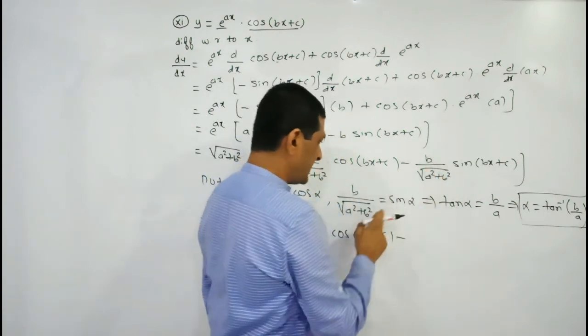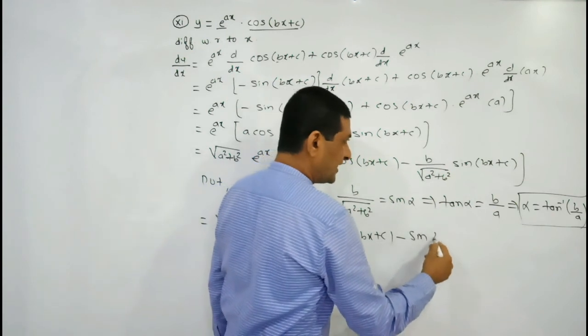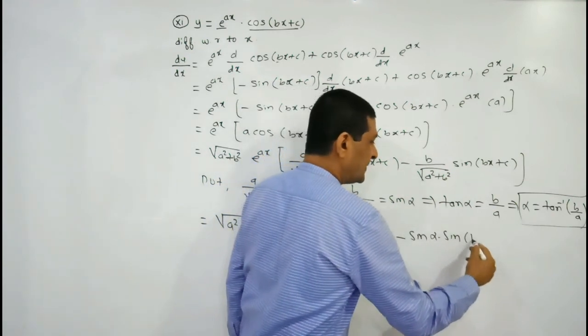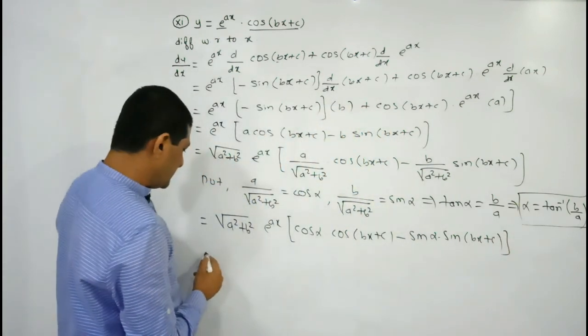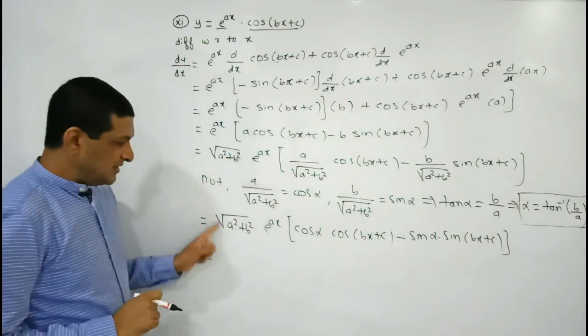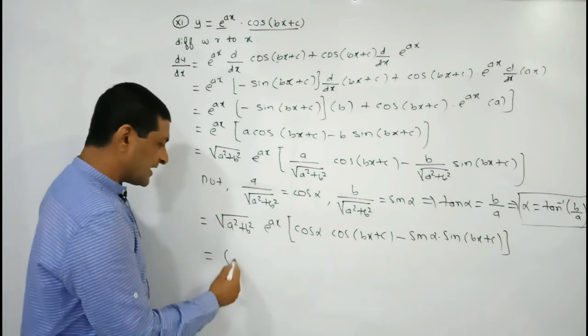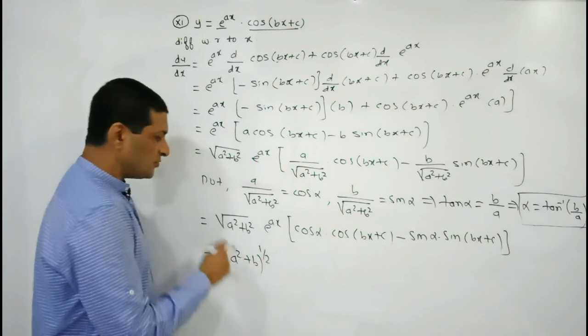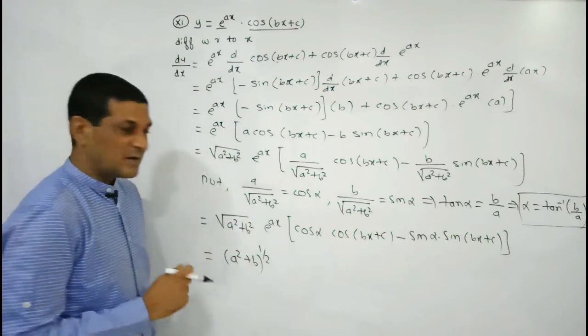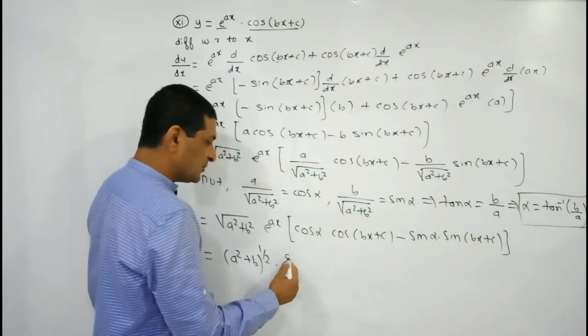This term we are replacing by sin alpha into sin bx plus c. Okay, so which is equal to, now here under root a square plus b square, can I replace it by a square plus b square raised to power 1 by 2? Yes, square root can be written as raised to power 1 by 2 into e raised to power ax also as it is.